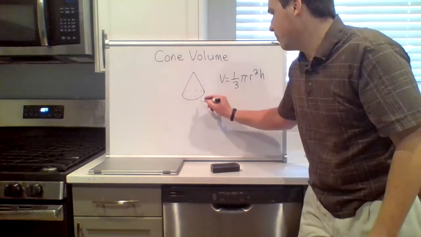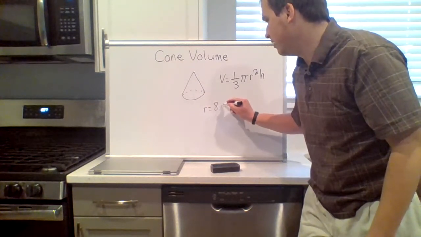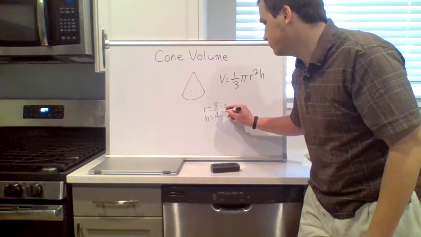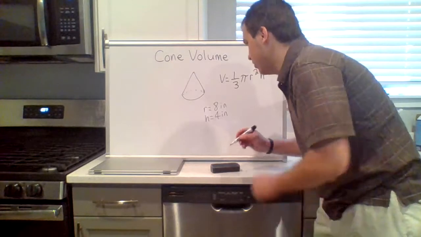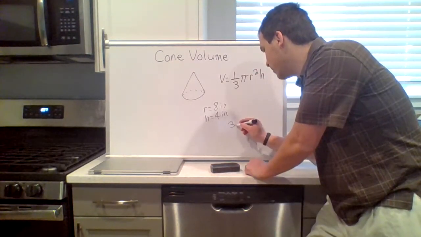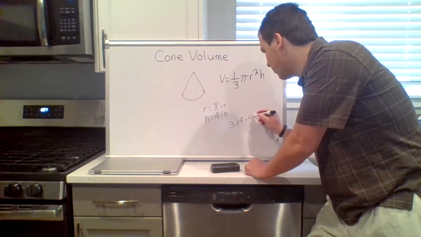Alright, so suppose you know that the radius is 8 inches and the height is 4 inches. Okay, so on the homework, they're going to ask you to use 3.14 for pi. So basically, I'm going to do 3.14 times 4 squared.